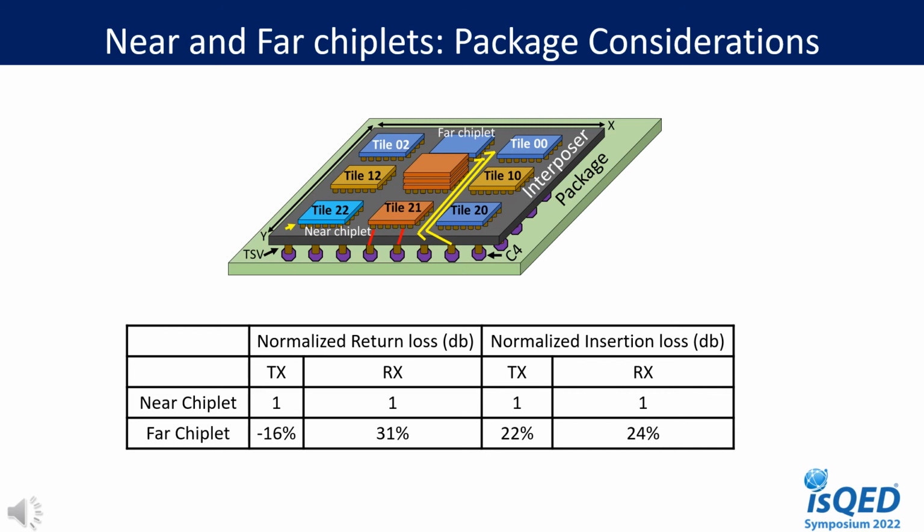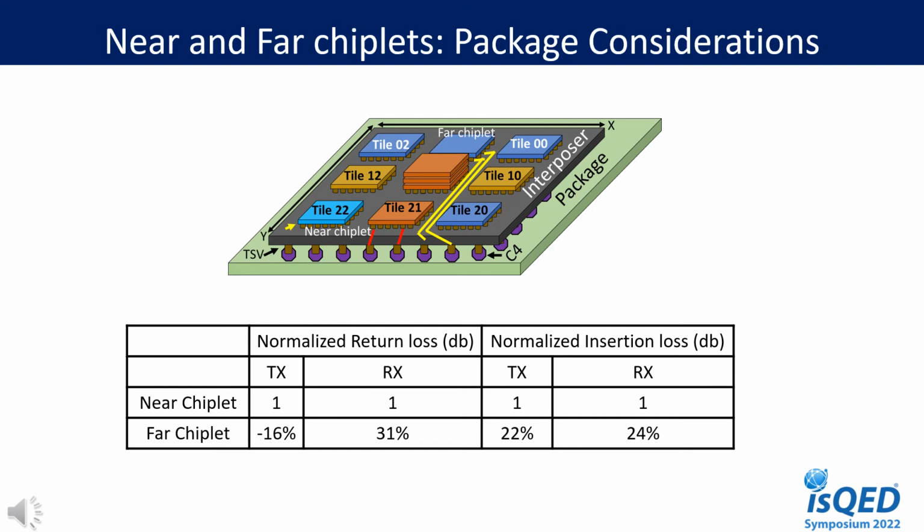For example, compared to near chiplet routing, because of the distance and the proximity of far chiplet based on the package pins, the routing losses or the signal losses will vary.